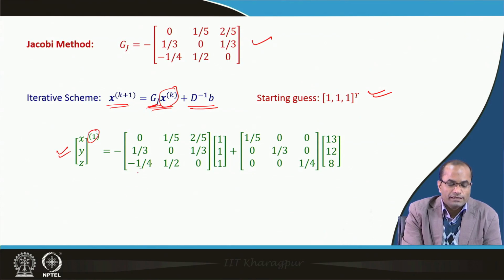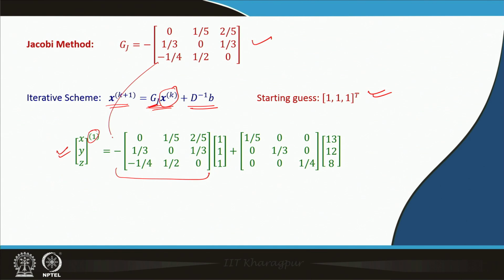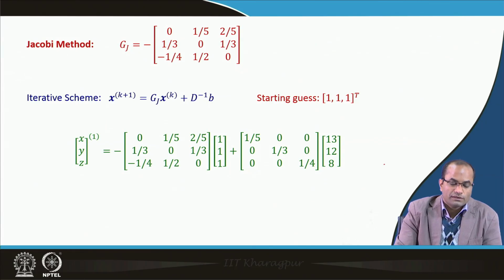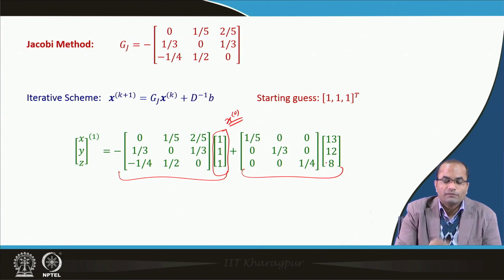We get them using G J, the iteration matrix which we have just evaluated, times x k, the starting values we want to use, so x 0, which is 1 1 1, plus D inverse, meaning the diagonal entries just inverted: 1 by 5, 1 by 3 and 1 by 4, times 13, 12 and 8, the right hand side B of our linear system. So we have substituted x naught here.